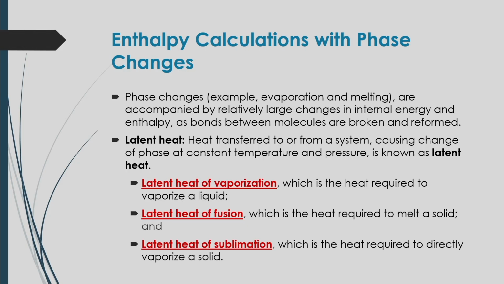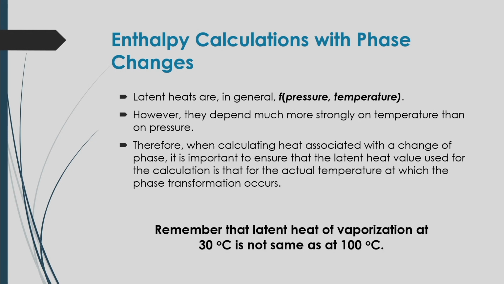These are basically enthalpy changes at constant temperature when there is a change of phase from one to another. Now, latent heats are in general a function of pressure and temperature. However, they depend much more strongly on temperature than on pressure.